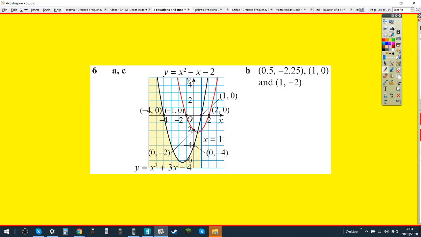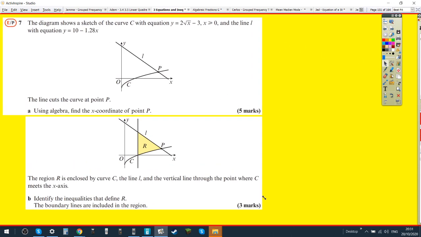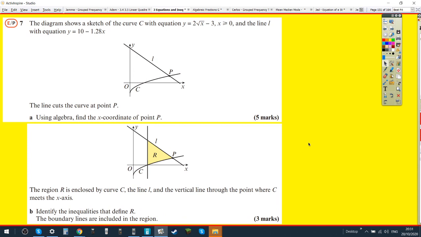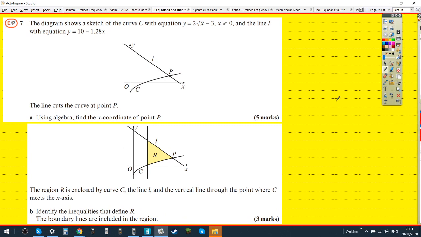So the rest of them want us to draw these graphs. Oh, this one gave me the graph. Yeah, I like when they give me the graph. Okay, let's try this. Let's start with question B, just because it's similar to what we were doing.